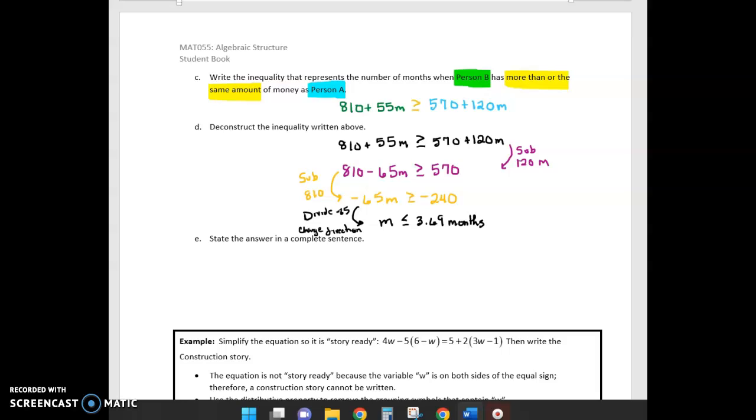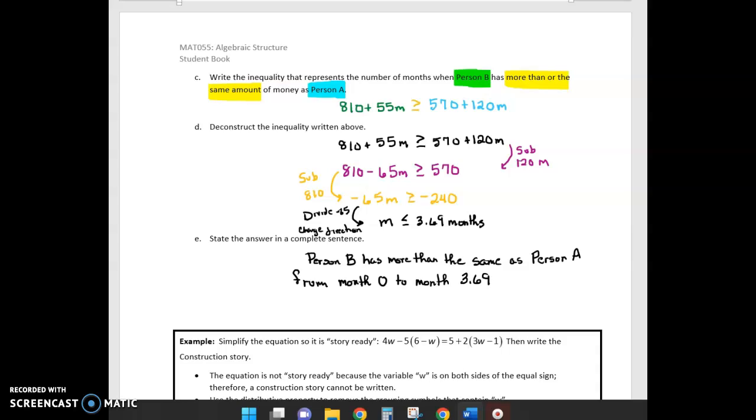All right, so state the answer in a complete sentence. So this is indicating that person B has more than or the same as person A from month 0 to month 3.69.